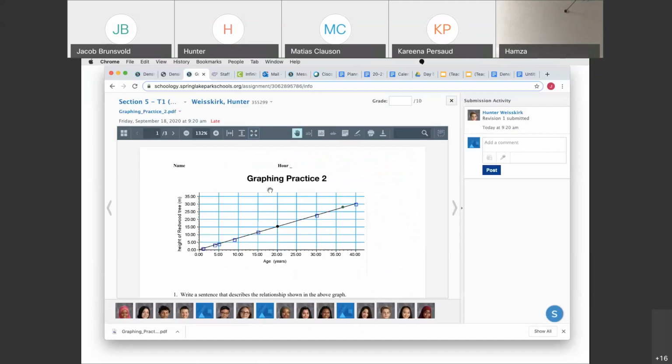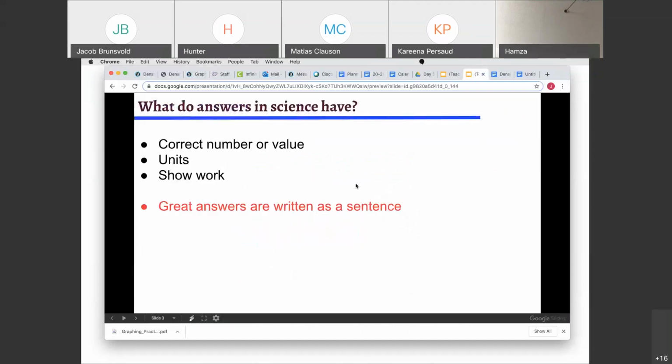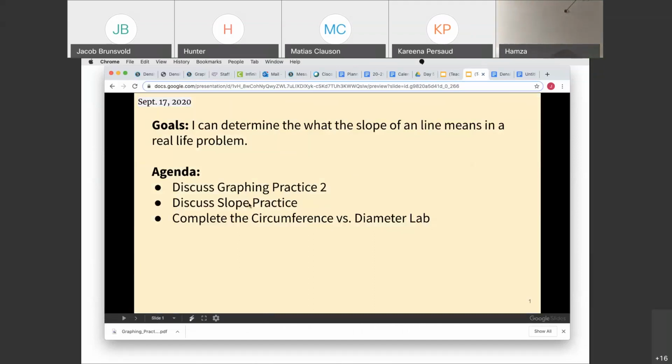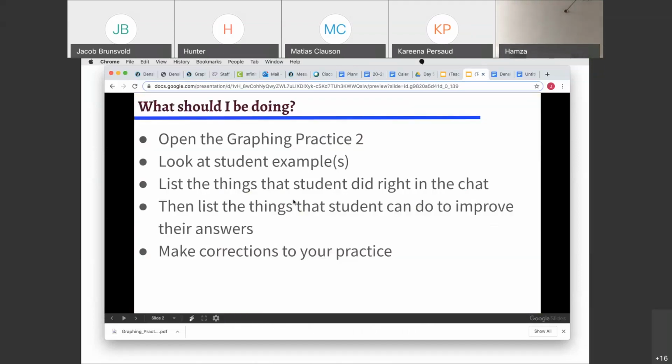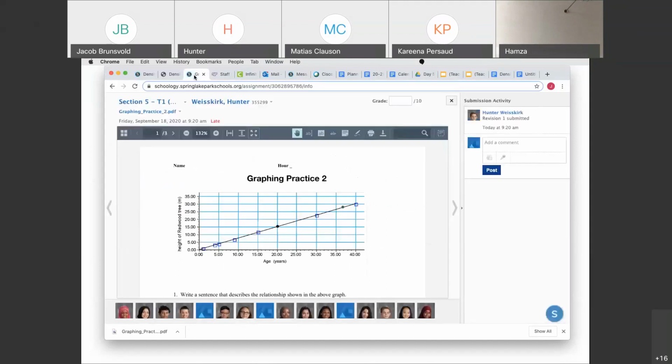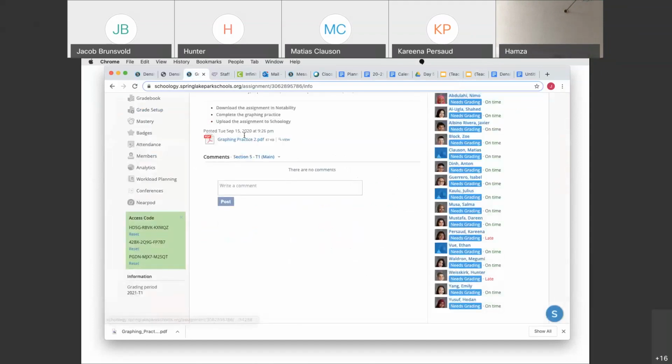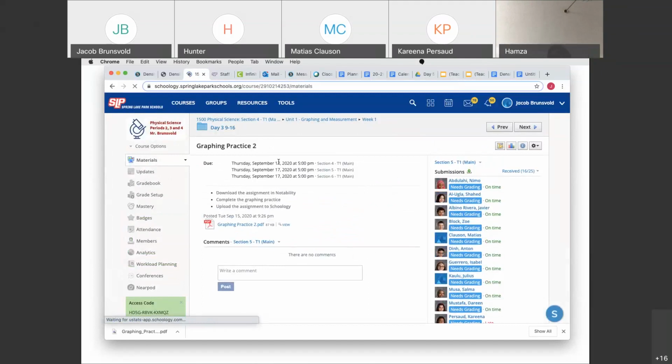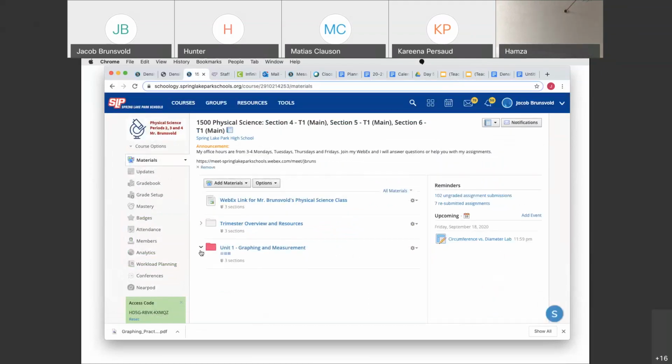So for the rest of the hour, we are not going to do the discuss slope practice, because I want to honor your time and give you enough time to do the circumference versus diameter lab. If you go to Schoology, in my day 5 folder, there's a lesson.